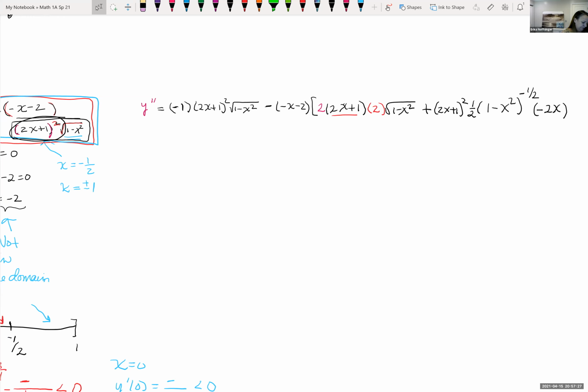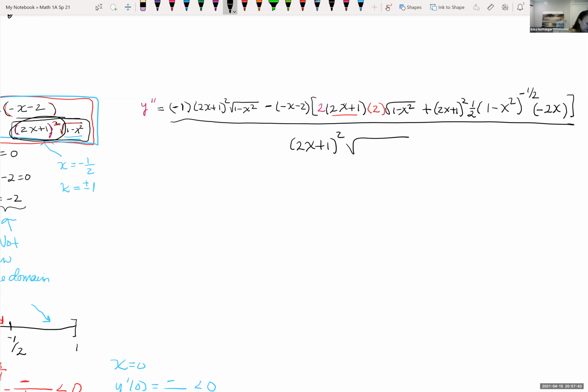Can I do it? And this is all over this denominator squared. So 2x plus 1 squared, square root of 1 minus x squared, quantity squared. This whole thing is squared.